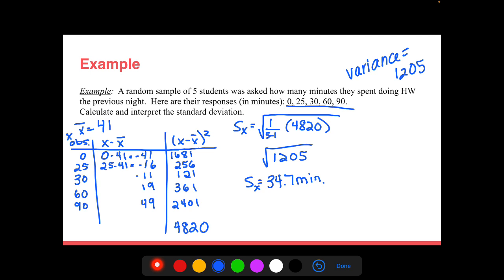So we calculated the standard deviation. Another step though, it says interpret. So let's interpret.